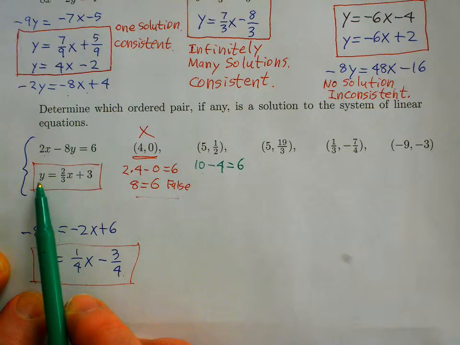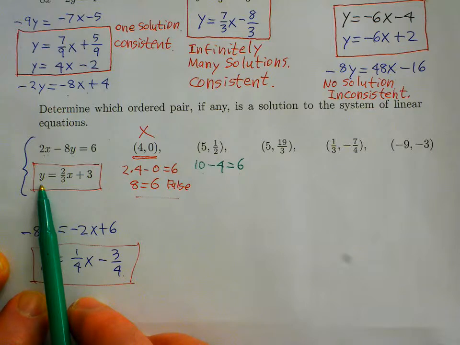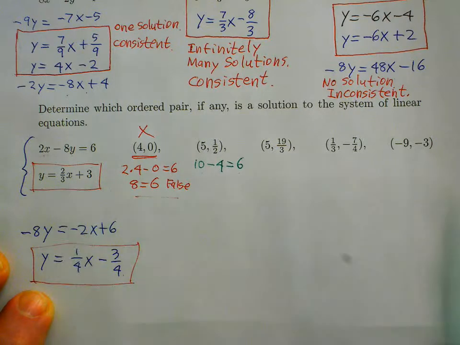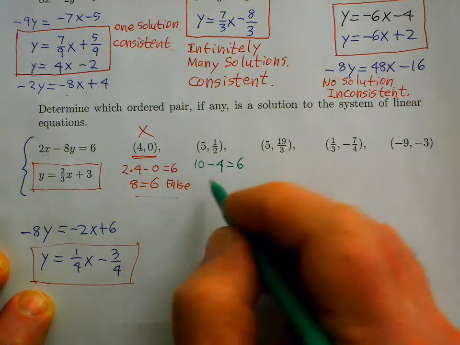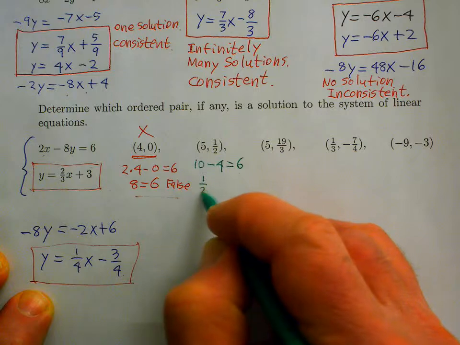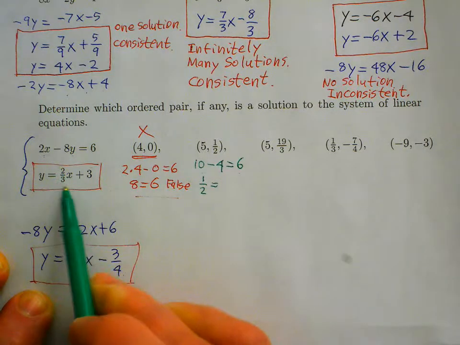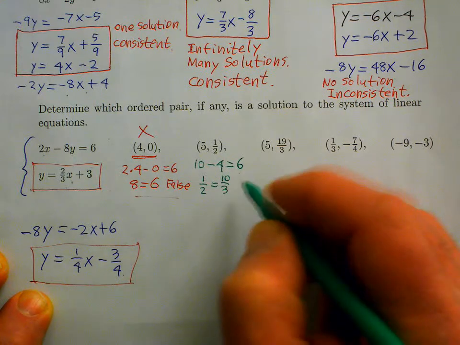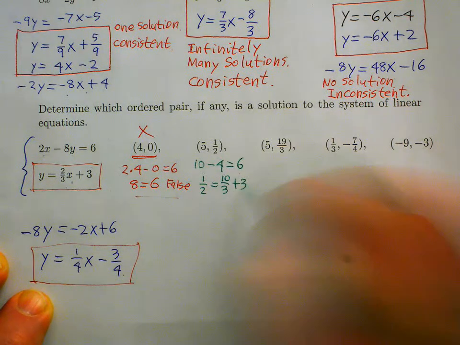Okay, so replace y with 1/2 and replace x with 5. So replace y with 1/2, and then 2/3 times 5 is 10/3, and 10/3 plus 3.